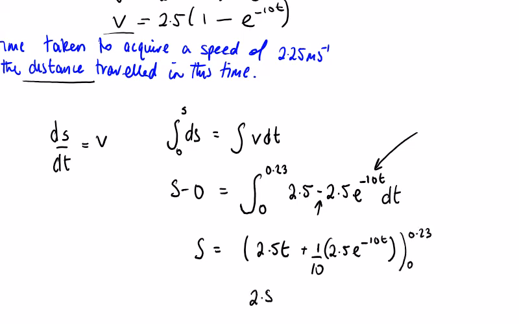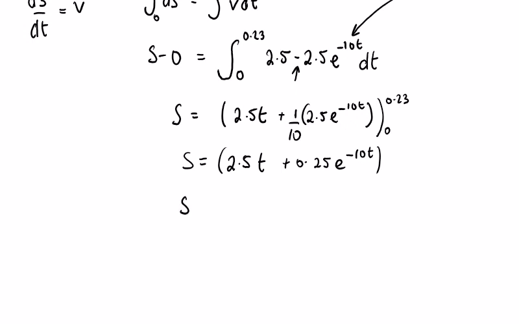So we get 2.5t. I'll just tidy it up first. 2.5 divided by 10 is 0.25 plus 0.25 e to the power of minus 10t. And if I put my values in, I'm going to get s is equal to 2.5 by 0.23 plus 0.25 by e to the power of minus 10 by 0.23.